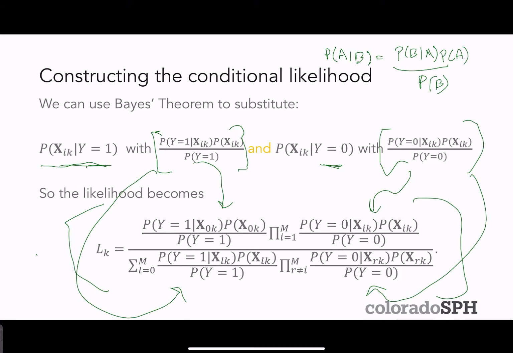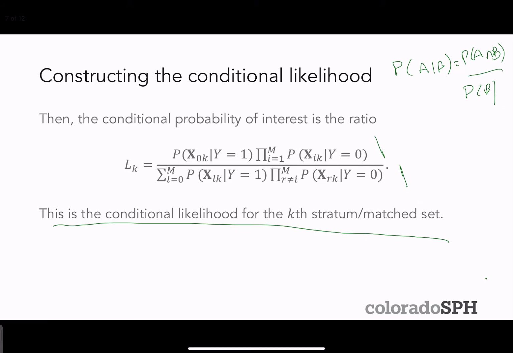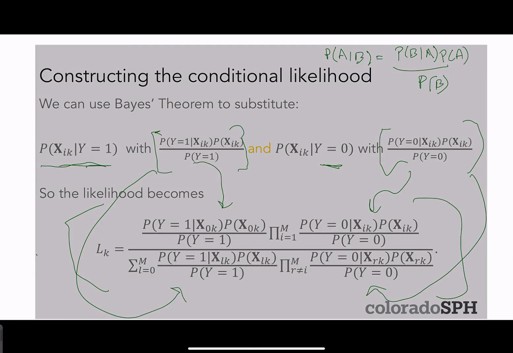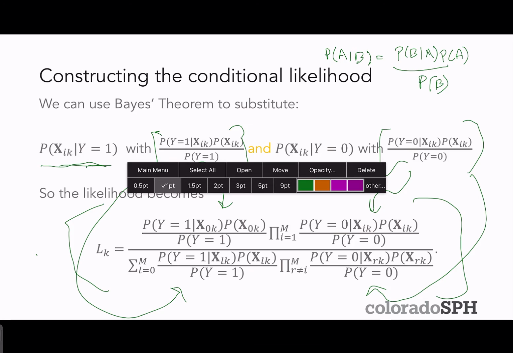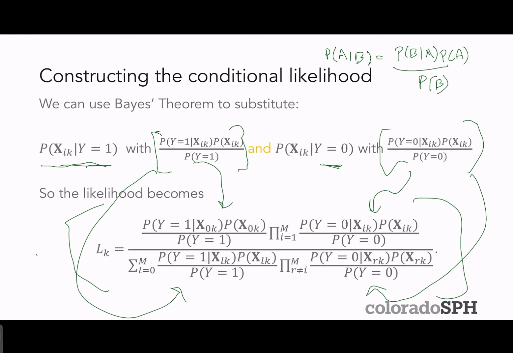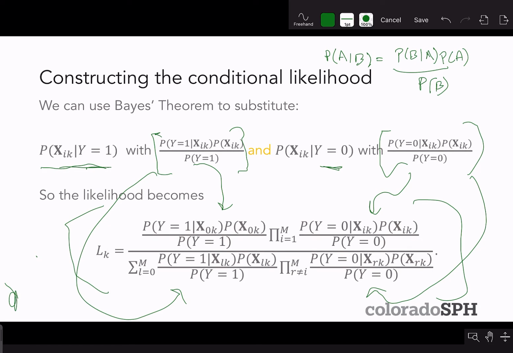And so this likelihood, this part, the probability of y equals 1 and the probability of y equals 0, those are probabilities that don't depend on the strata or the particular subject, so those are going to be able to get pulled out. Similarly, we can also pull out from each, the numerator and denominator, a product of probability of x_ik.